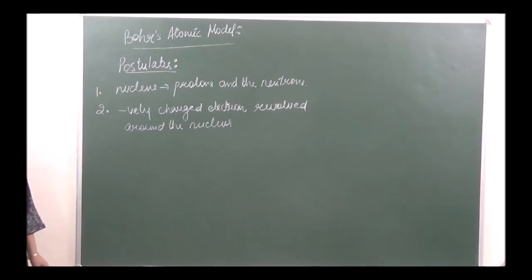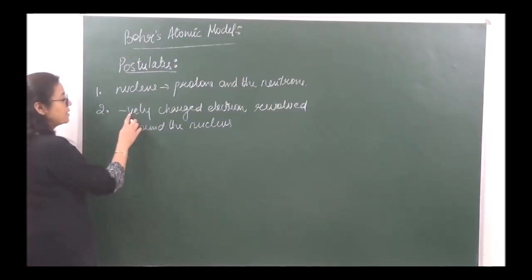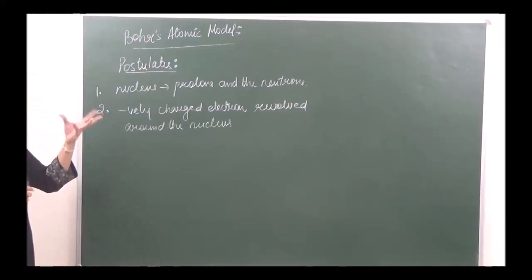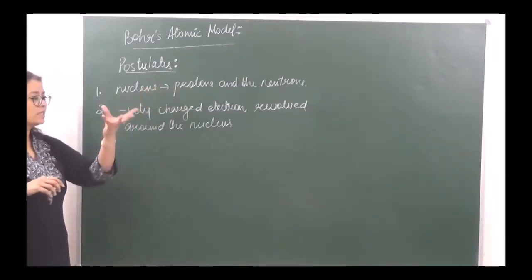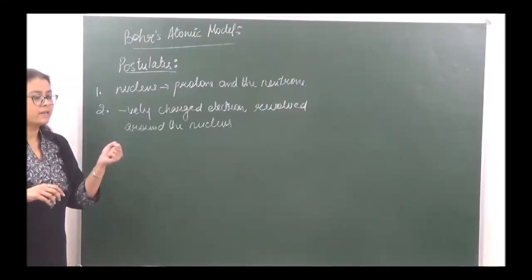Around the nucleus in circular orbits. Now what is happening? The electrons are negatively charged and the one in the center is positively charged. So this positive charge in the center is attracting the negative charge.